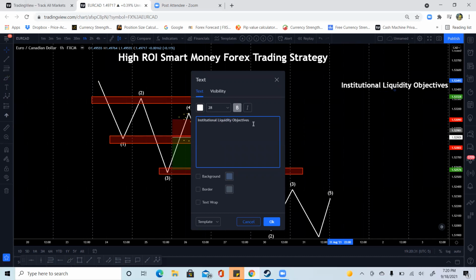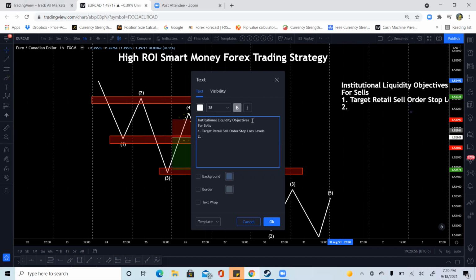So number one is target, and we're going to do for sells because we're looking at a sell option. For sells, one is going to target retail sell order stop loss levels.